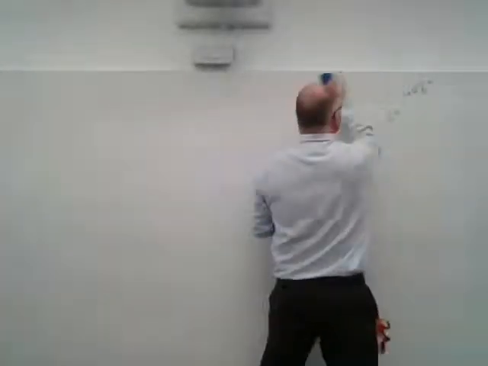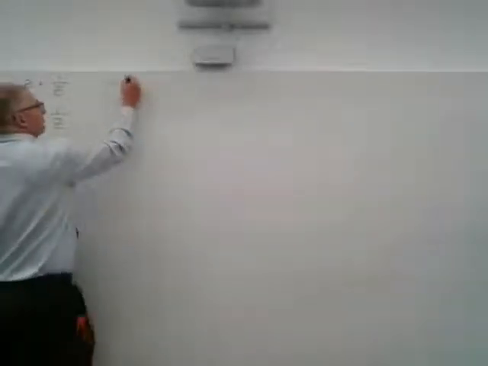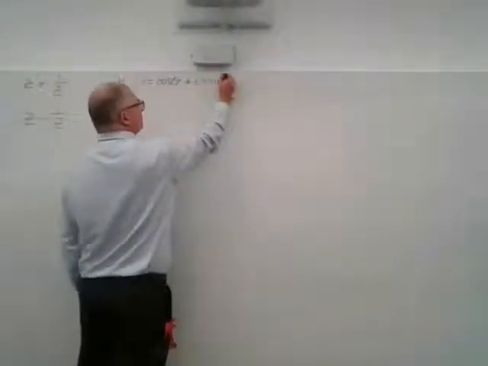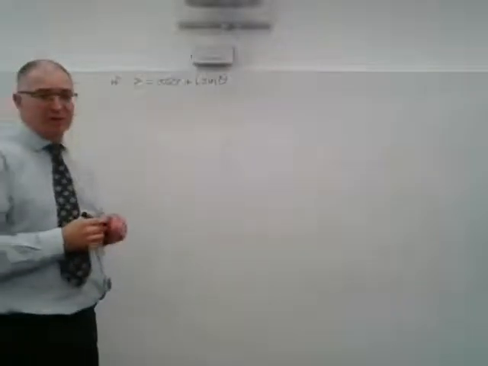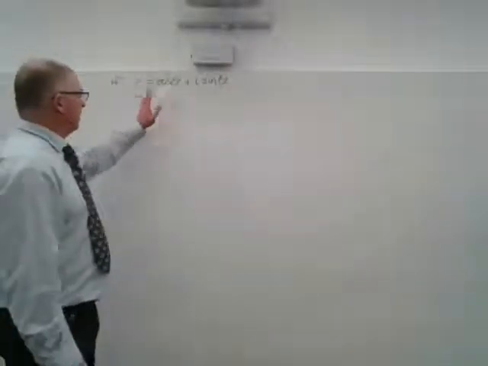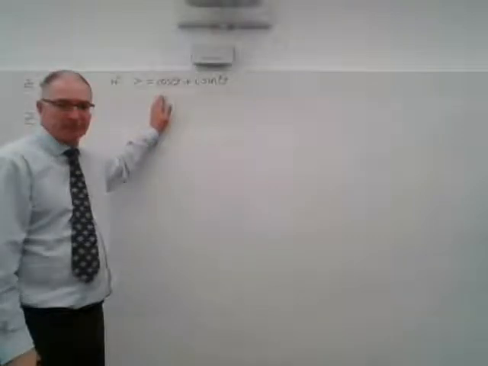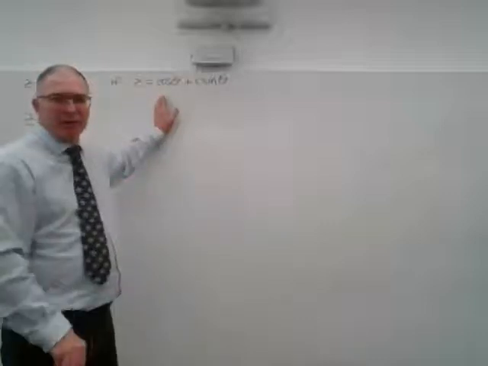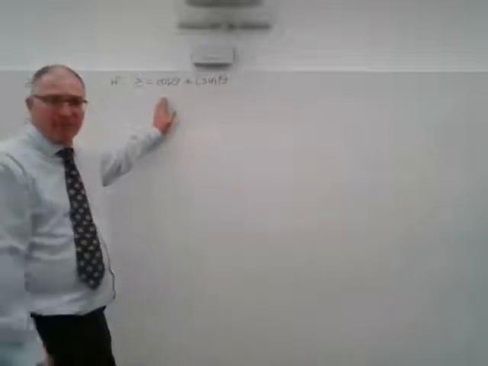The second thing that we need to know about is the identity z plus 1 on z and z minus 1 on z if z is equal to cos theta plus i sine theta. One thing you could tell me about that straight away is that it has a modulus of 1, so it's representing all the points on a circle 1 unit away from the origin on the complex plane.